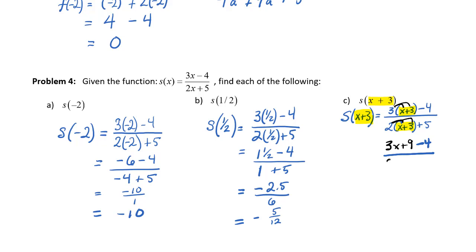So that will give me 2x plus 6, and then plus 5. That was just left over. So now if I simplify this, I'm going to have 3x plus 5 all over 2x plus 11.